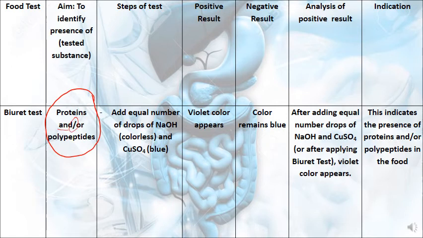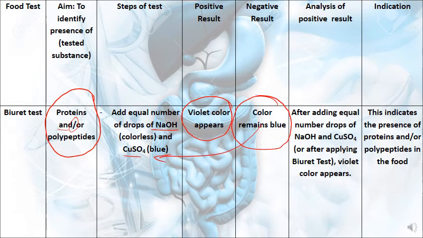So add equal drops of Fehling A and Fehling B. No, we don't say Fehling A and Fehling B. We say NaOH and CuSO4. So NaOH is sodium hydroxide. CuSO4 it's copper sulfate. Positive result, violet color appears. Negative, the color stays blue due to the color of CuSO4.